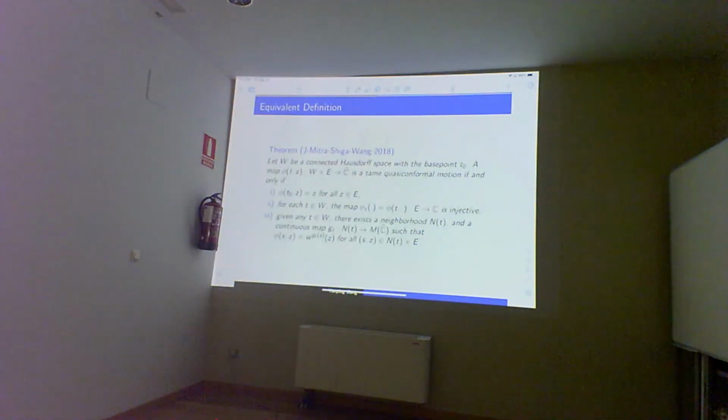Because by the measurable Riemann mapping theorem, you have a unique quasi-conformal map with a given Beltrami coefficient fixing three points, right?